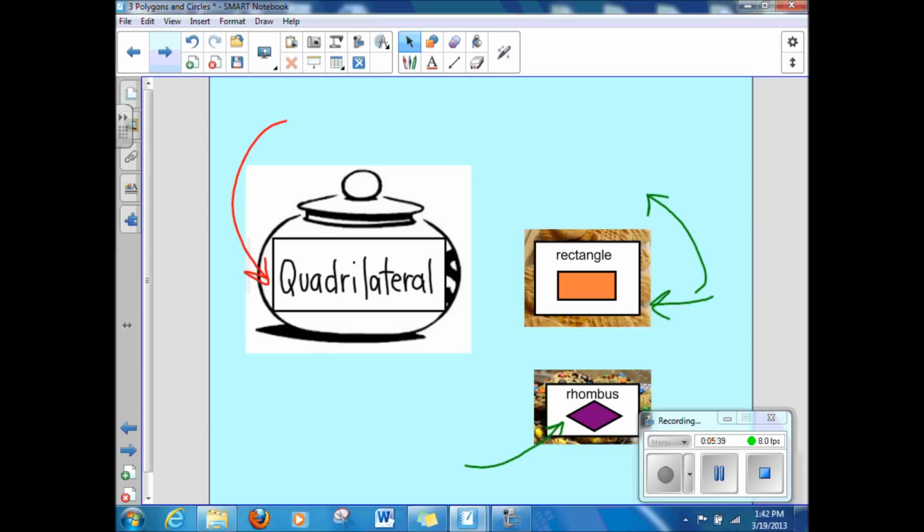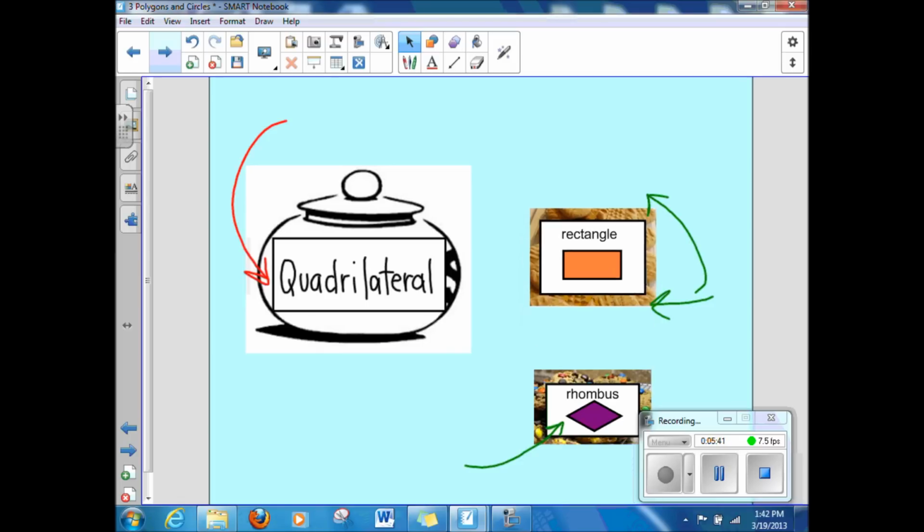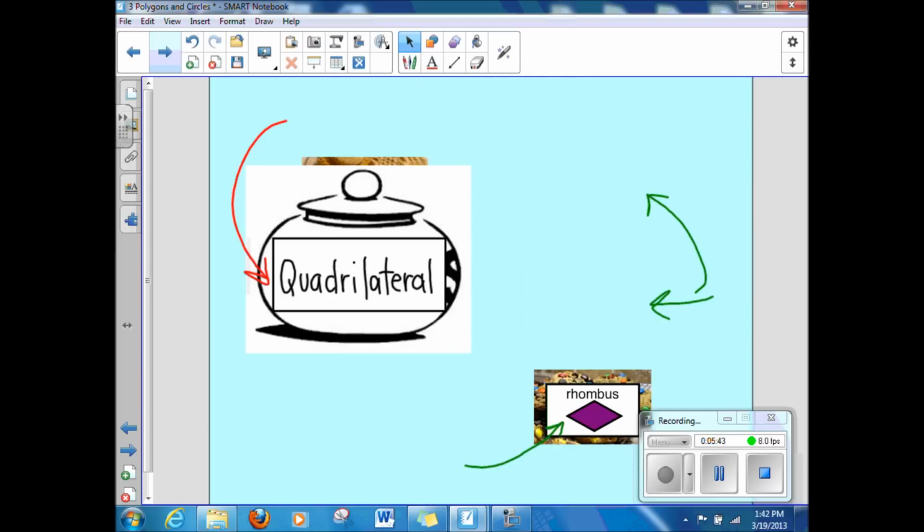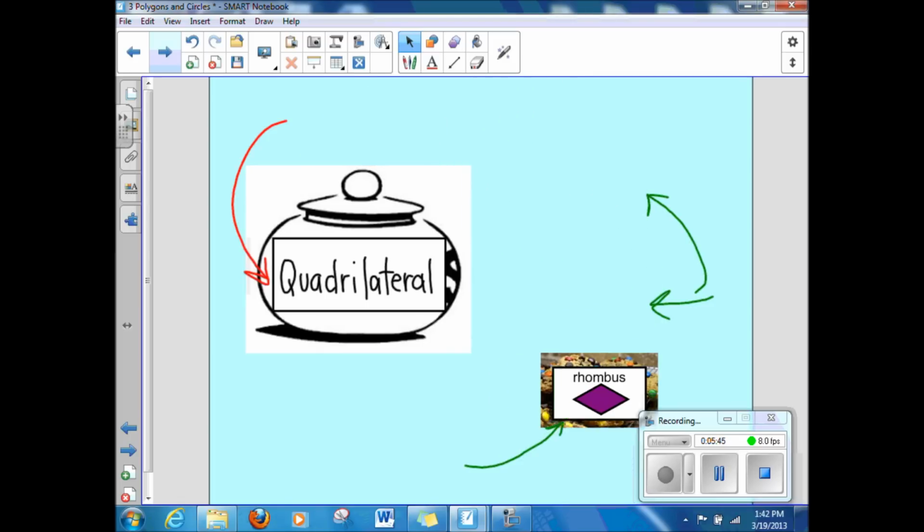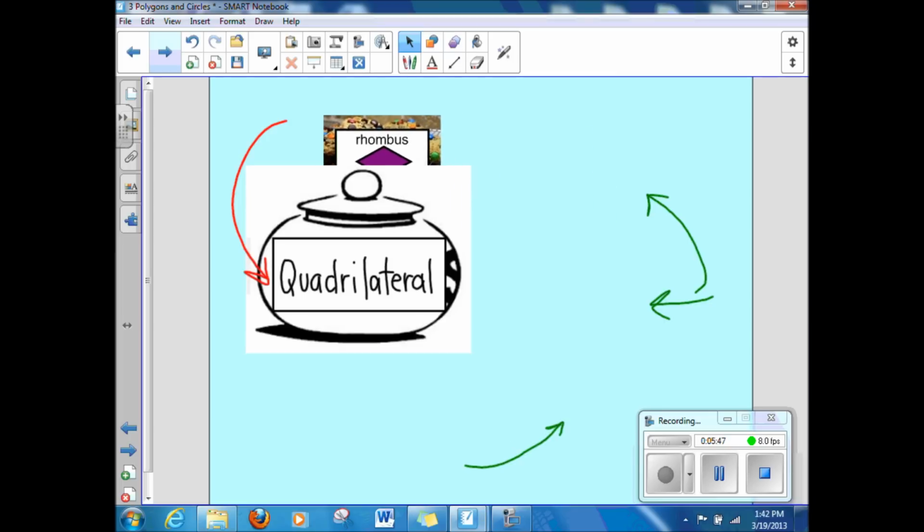A square is a quadrilateral. A rectangle is a quadrilateral. I have a hard time saying that. And a rhombus is also called a quadrilateral. So we've got at least three of those characters that are called quadrilaterals. And again, a quadrilateral is any polygon with four straight sides.